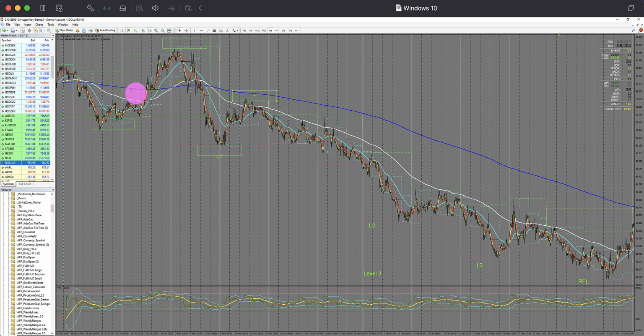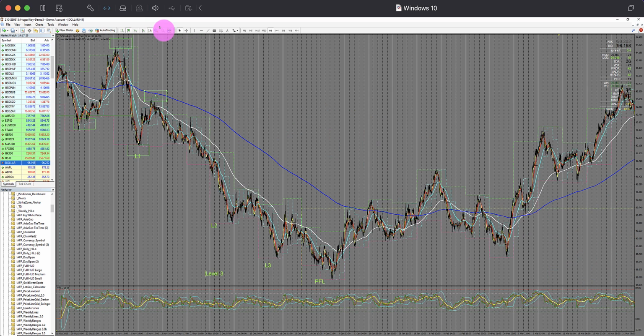This whole area is still a peak formation here on the daily. It's a peak formation of that price segment. But overall, that doesn't mean this is level 1. This is just a level 1, 2, 3 within the 4. This is just one whole level.